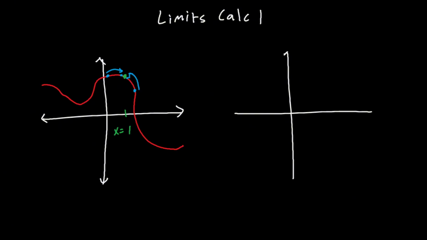And the reason why this is important is because what if you had a function that looks like this? Well, this function isn't a straight line. It's discontinuous, as the term is.